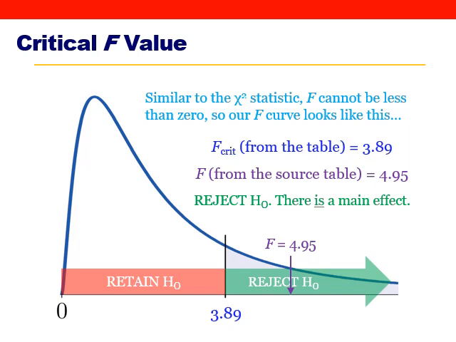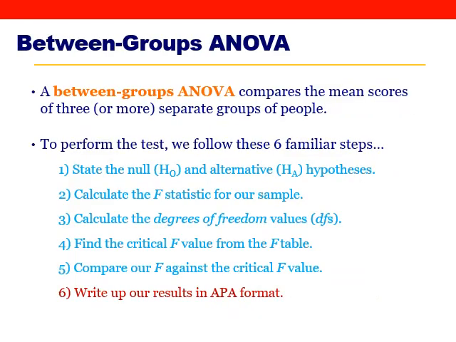In other words, what we've just discovered is that we compared three groups of students, high school students, college students, and graduate students, in terms of how much coffee they drink. We calculated the F statistic, we found a critical value, and we concluded that there is in fact a main effect, which tells us that those three groups of students do not all drink the same amount of coffee. In other words, some students drink more than others.